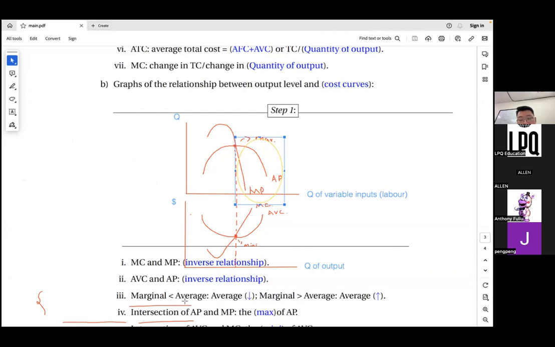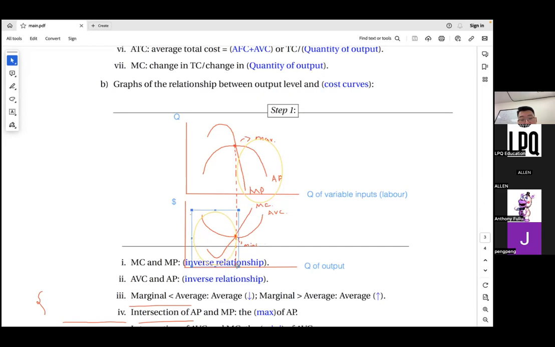So if the marginal variable, the marginal product, is less than the average, then we can know the behavior of the average variable must be decreasing. Let's repeat again. The marginal variable in this yellow circle is less than the average variable, then the average variable, like AP here, is decreasing.